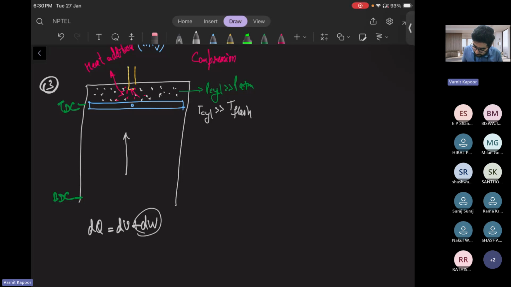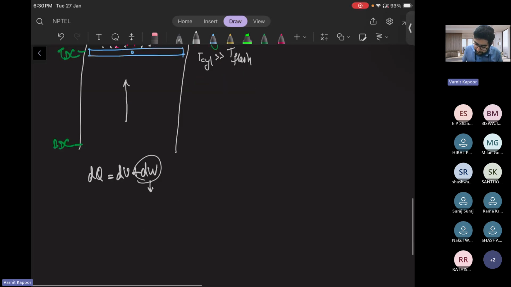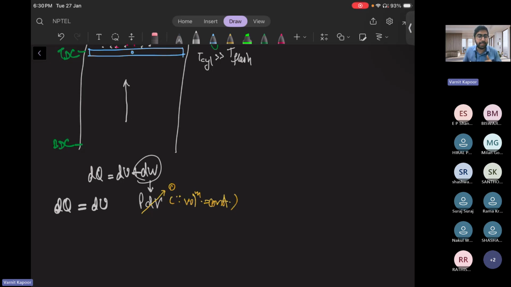When heat is added at constant volume, dV will be zero at that instant, since volume is constant. That means your net heat interaction is equal to the net change in the internal energy of the system.